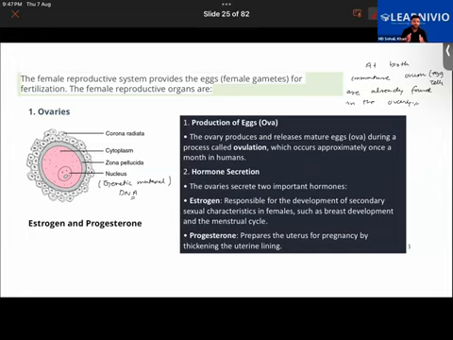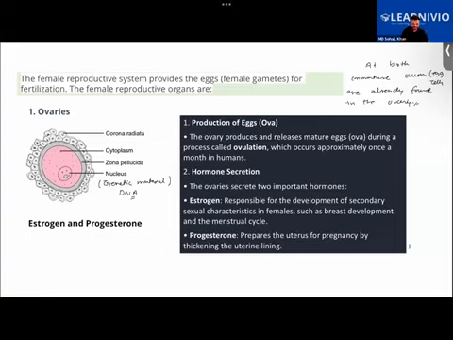Then there's a development of fat and muscles around the waist. Getting it? So there are some changes happening in both the boys and the girls. They are called secondary sexual characteristics, with the help of which they can be identified and distinguished from one another.